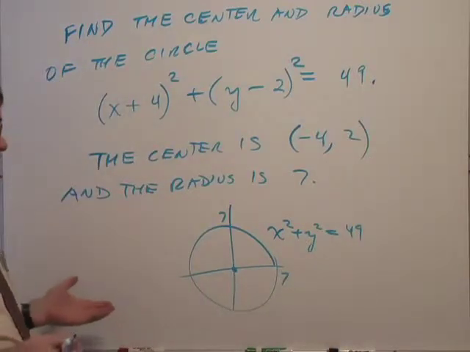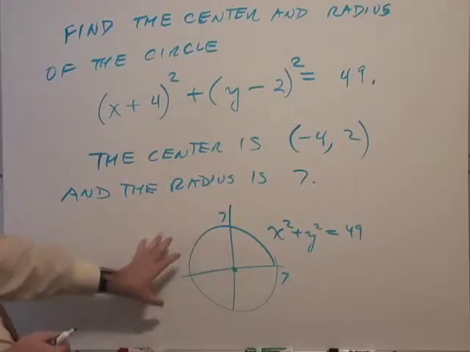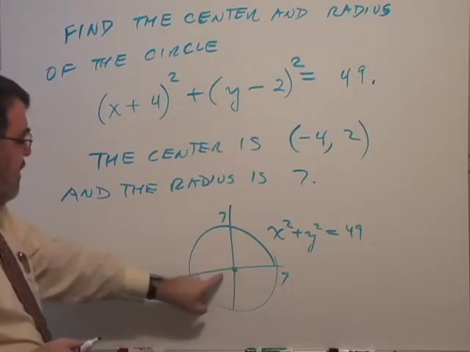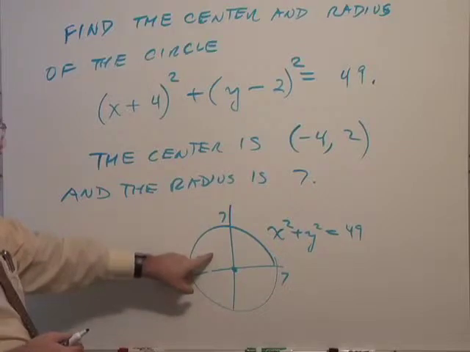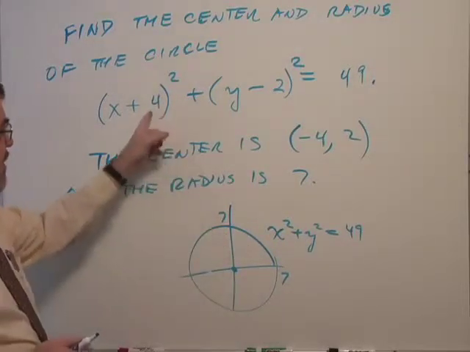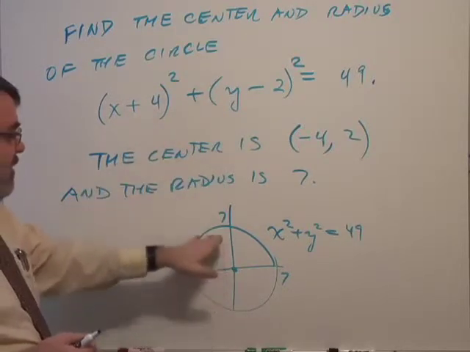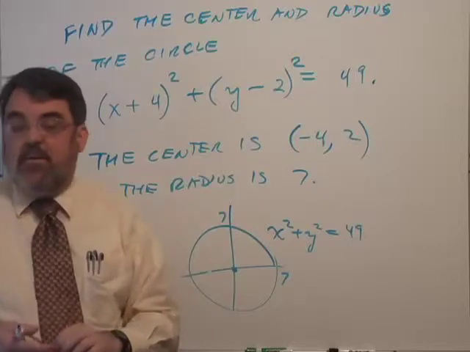So there's the equation of that circle. And now if I take this circle and shift it, if I go 4 units to the left and 2 units up, I move the circle up to here. So I move 4 units to the left. That replaces x with x plus 4. When I move up, I replace y with y minus 2.